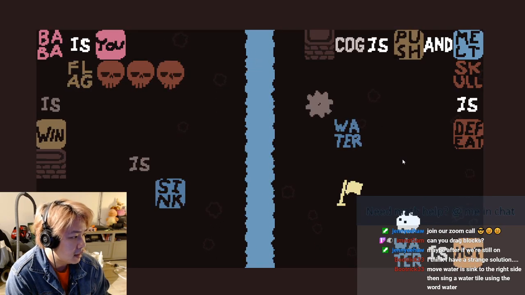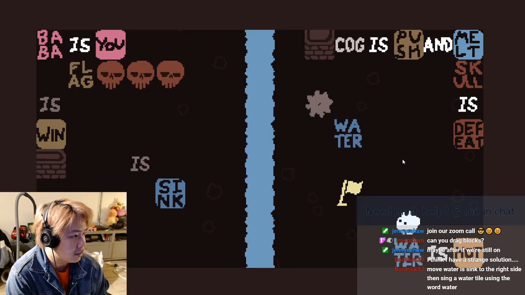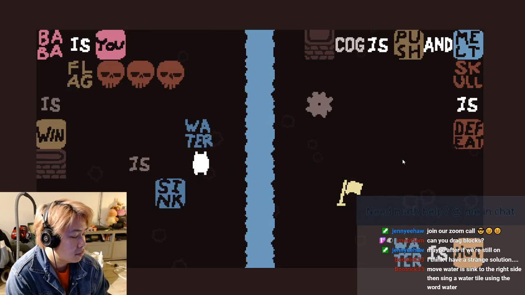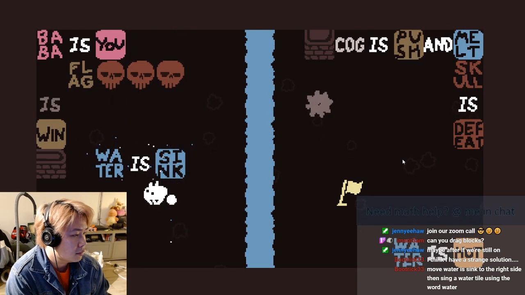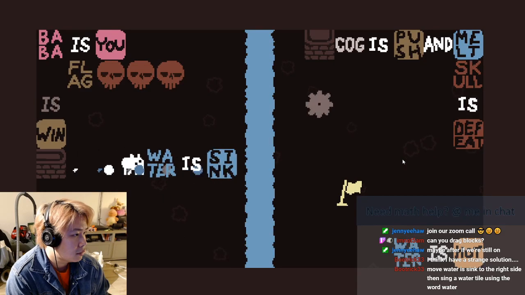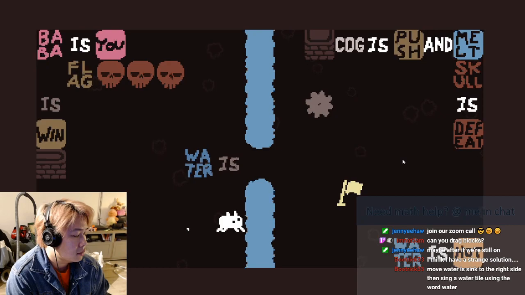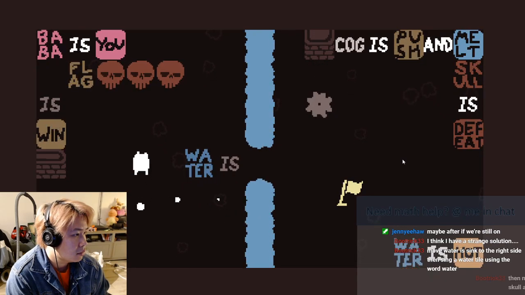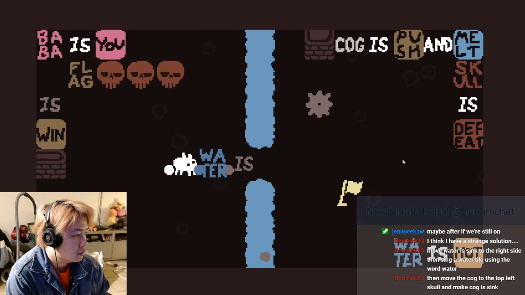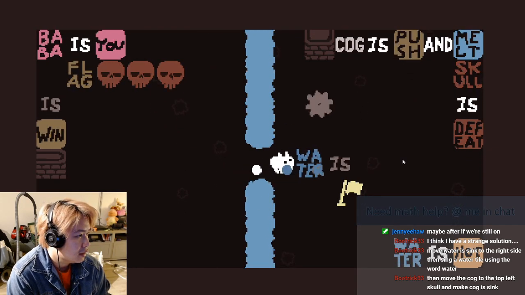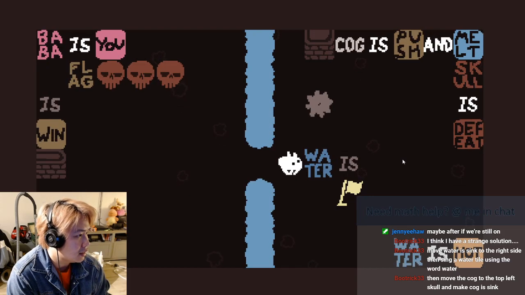Move water sink to the right side, then sink a water tile using the word water. Alright, I can get rid of a water. Then move the cog to the top left skull, and then make cog a sink.